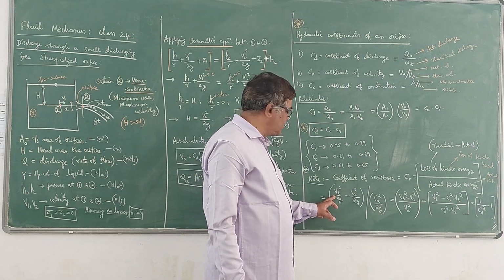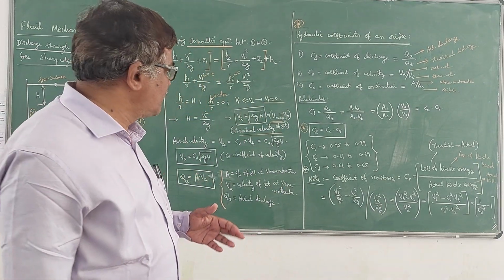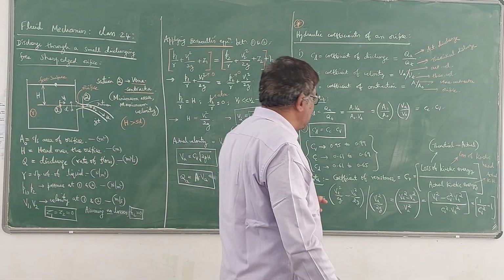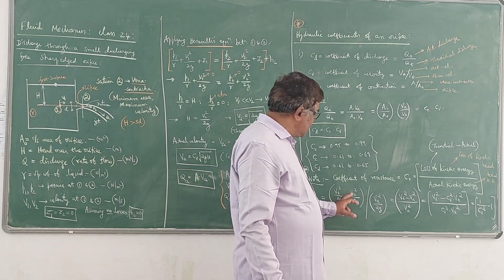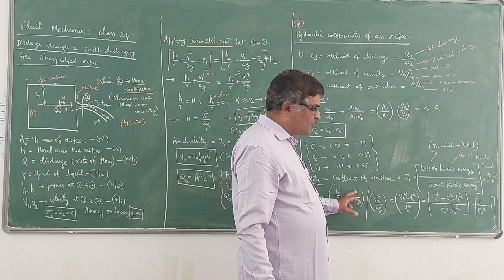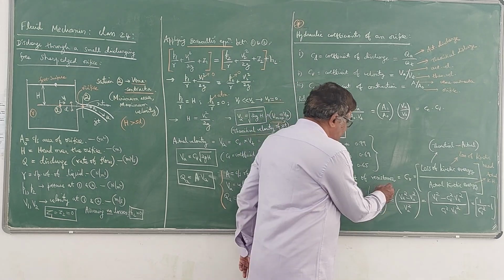Kinetic head is nothing but V squared by 2g. I have explained that earlier. So theoretical kinetic head is Vt squared by 2g, where Vt is the theoretical velocity, minus actual kinetic head, Va squared by 2g, where Va is the actual velocity, divided by Va squared by 2g.